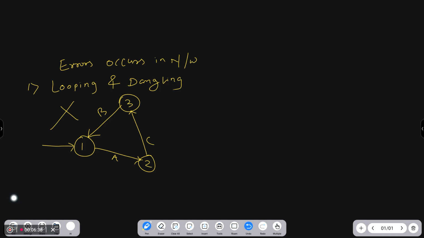What do you mean by dangling? Next one. Dangling means your diagram should not be open. Your project should not be open, right?